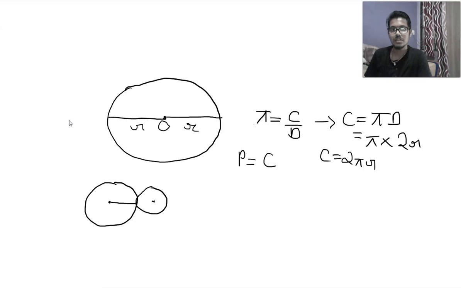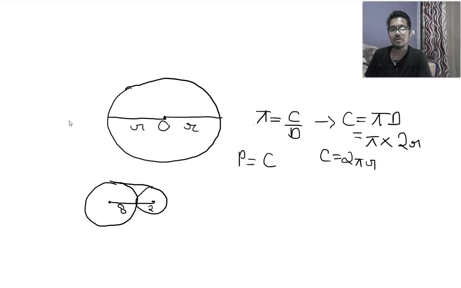Let the radius of the bigger circle be 8 centimeter and the radius of the smaller circle be 2 centimeter. It's a direct common tangent which passes from both the circles. Now we have to find this common tangent.